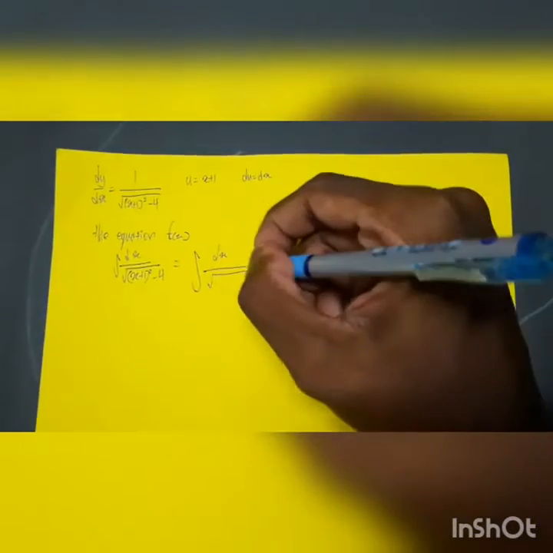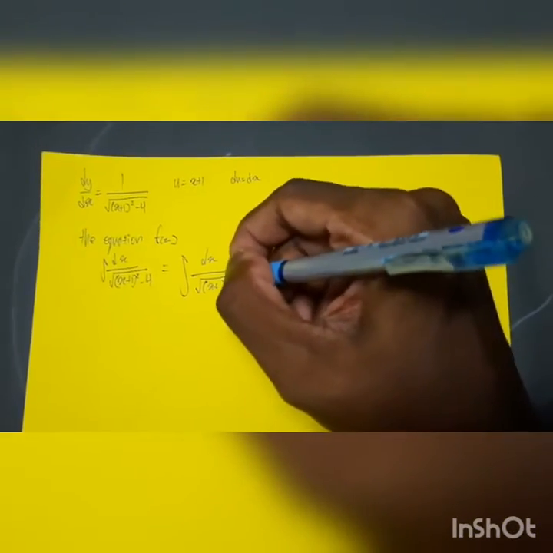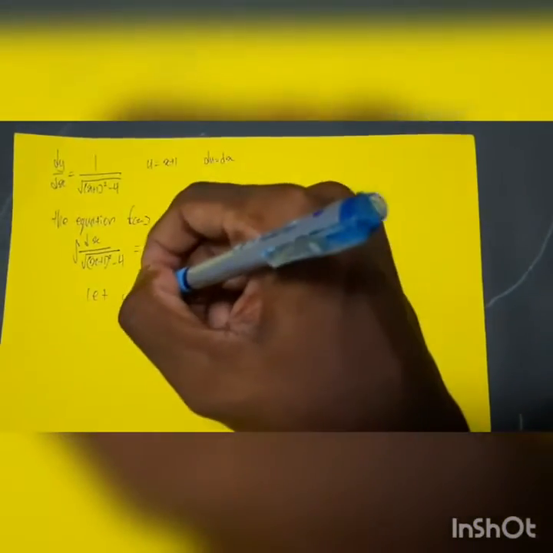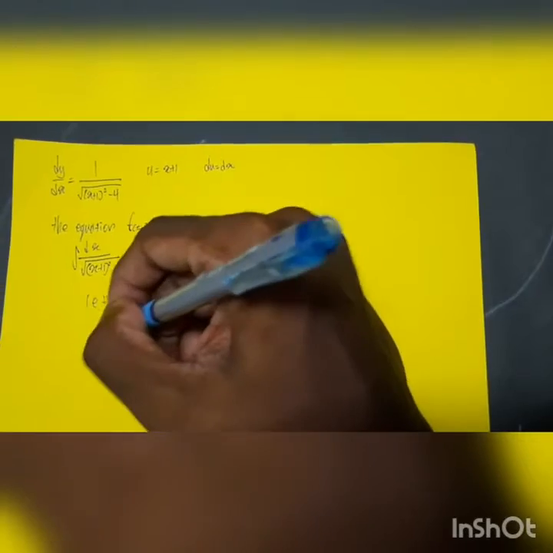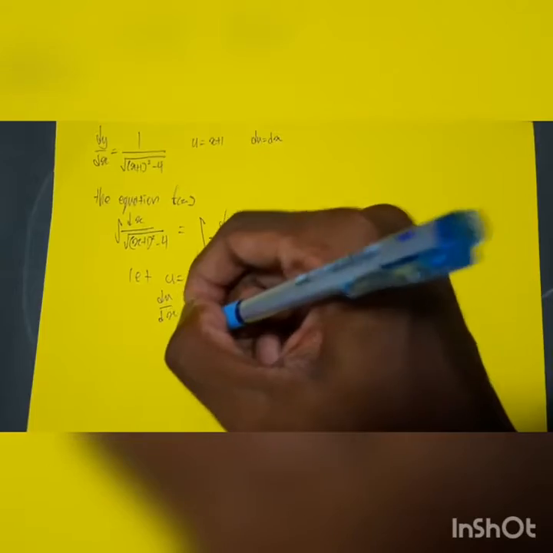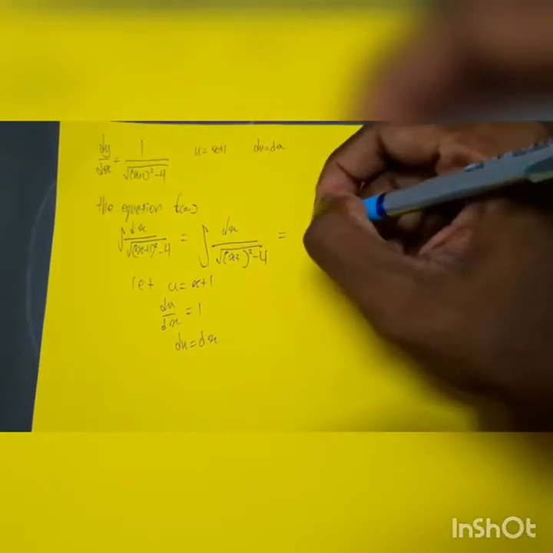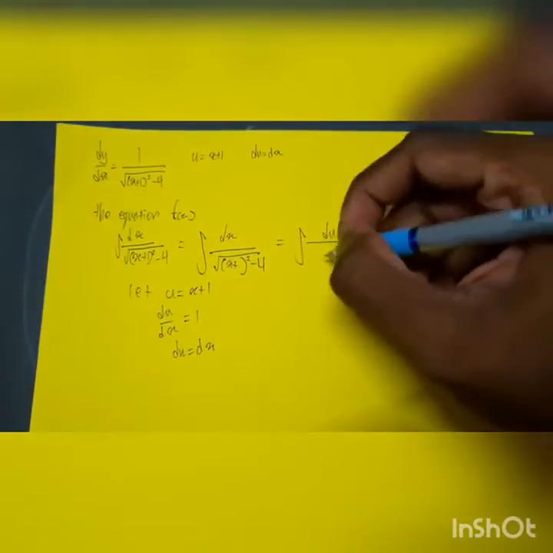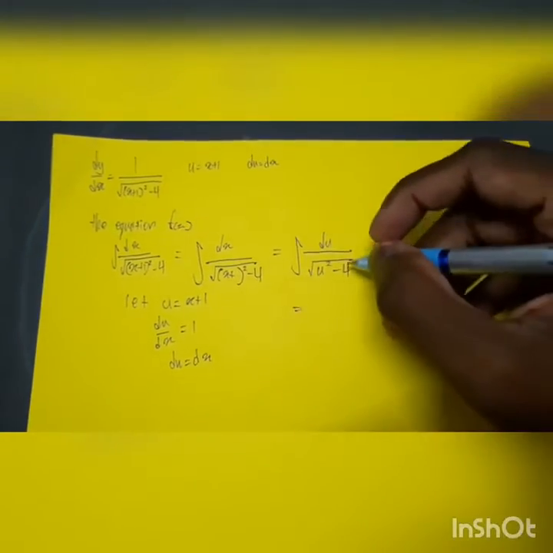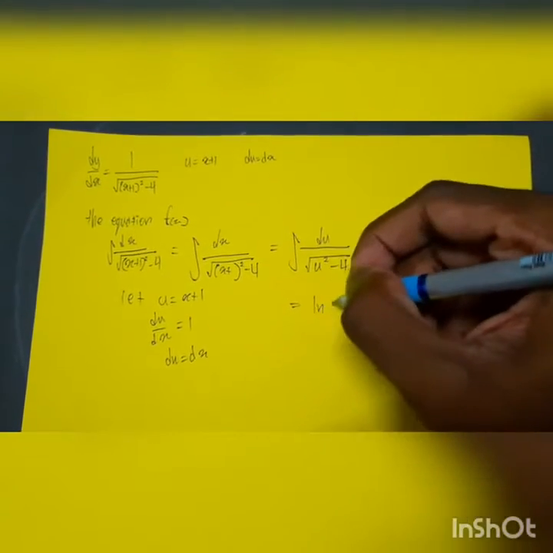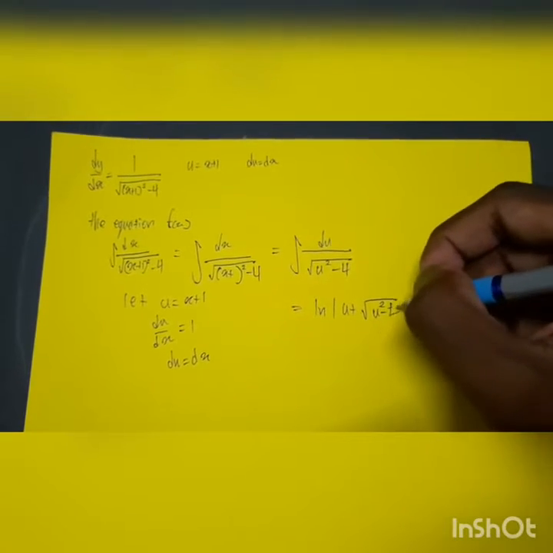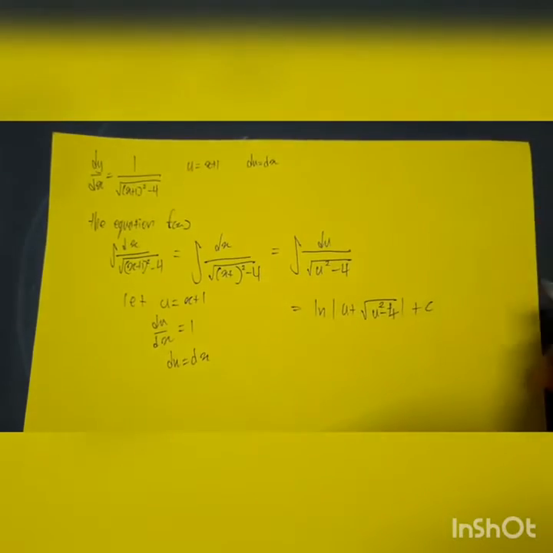Okay, so I will be explaining both of the methods. The one that you see right now is by using the integration formula. So I'm going to let u equal x plus 1, and when we differentiate that, we will get 1, which is du equals dx. So by solving that, we get the integral of square root of u squared minus 4. Integrating this, we will get ln modulus of u plus square root of u squared minus 4, plus c.